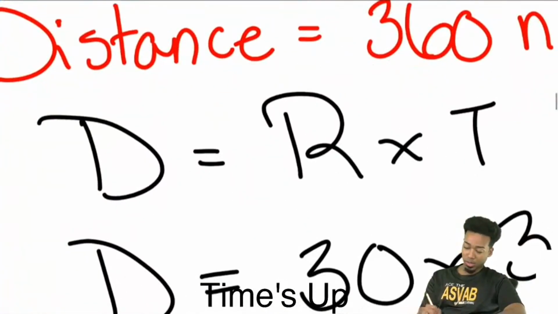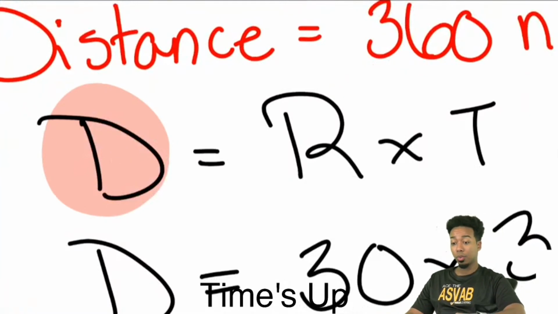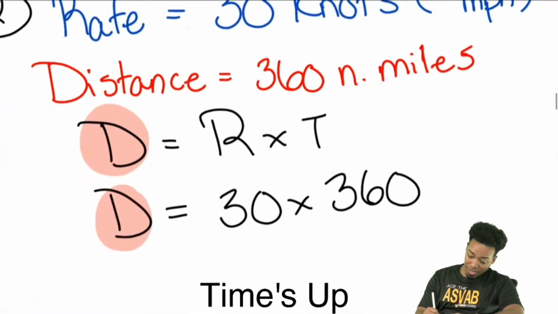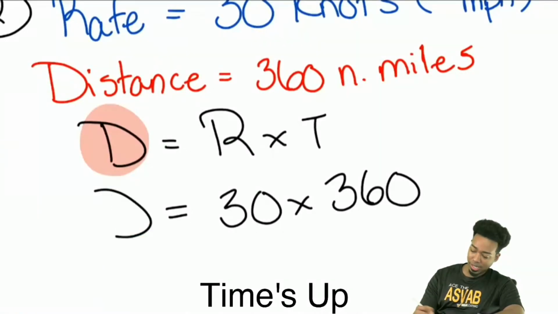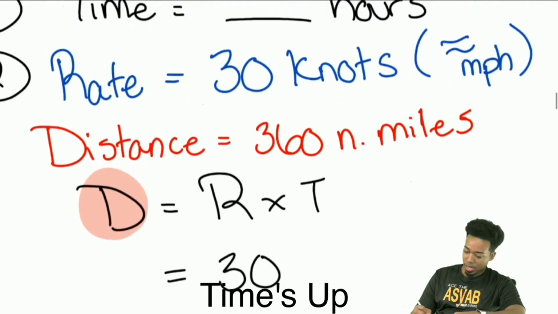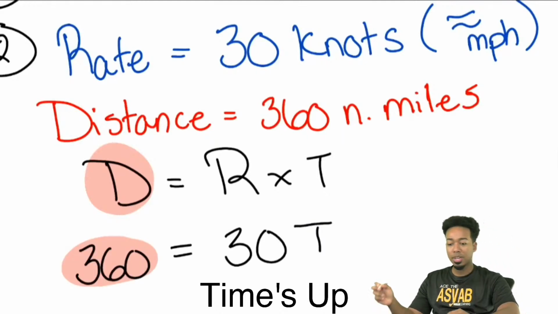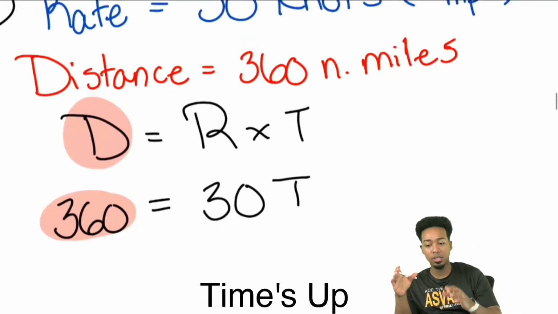Where is distance? Right there. So what we'll need to do is replace that with 360. That's gone. This right here at the end is just T for time, and this right here should be 360. That's where that belongs. Do we understand the mistake?